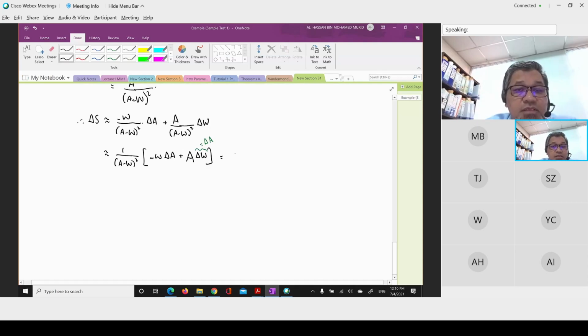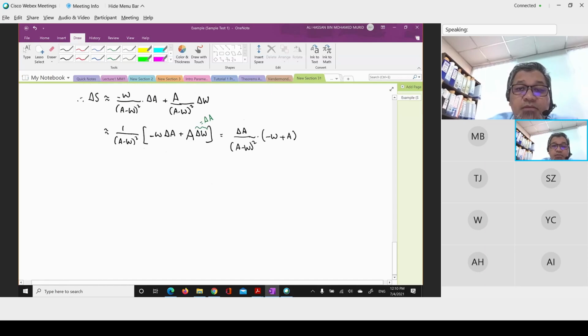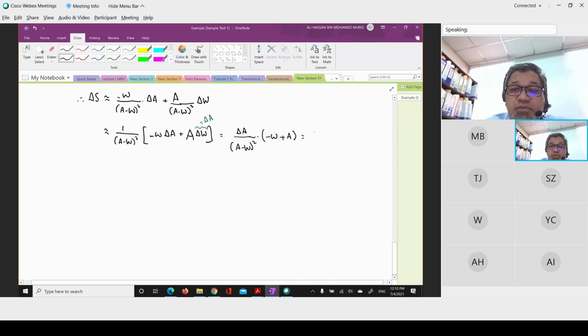Then we have delta a over a minus w squared times minus w plus a, which is a minus w. So a minus w divided by a minus w squared gives delta a over a minus w.